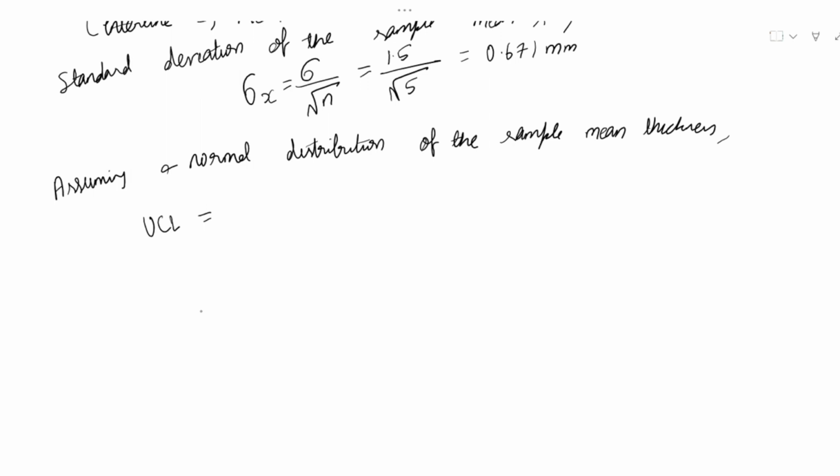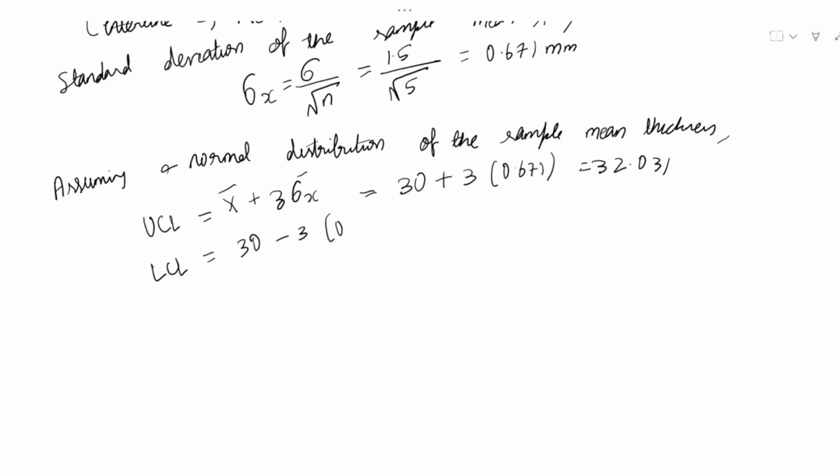UCL is equal to, which we already did, x bar plus z into sigma x bar, is equal to 30 plus 3 into 0.671. This will be 32.031. Lower control limit is 30 minus 3 into 0.671, which is equal to 27.987. So here we assume z is equal to 3.